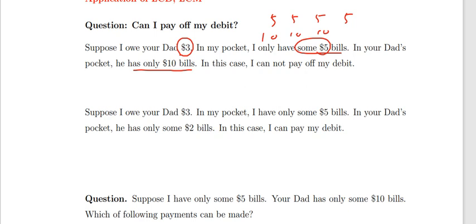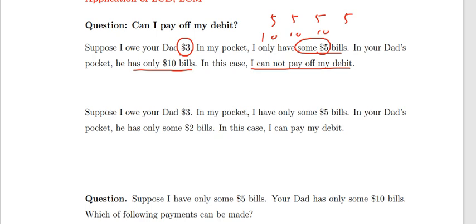In this case, I cannot pay off. From 5 and 10, I can make 5, 10, 15, but I cannot make 3.